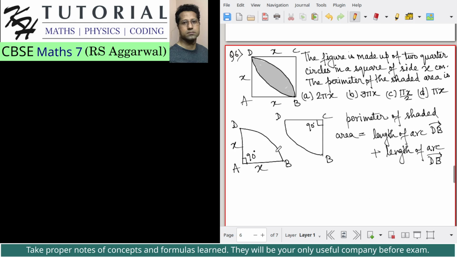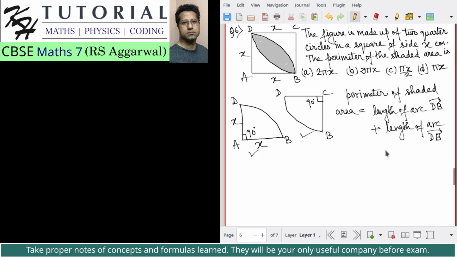Now these two are quarter of a circle, or quadrant, and we know that the length of the arc of a quadrant is nothing but 1/4 of the perimeter of the circle. And these two quadrants are having a radius of x.